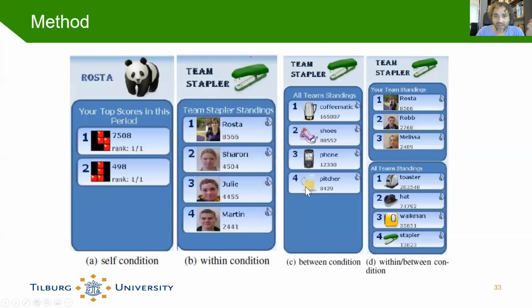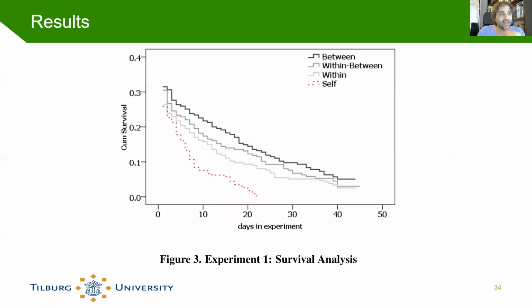In the other paper, they did this by means of a Tetris game, and you either play the game as an individual, or as a group against other groups, or as both an individual and part of a group. And there you also find that the between condition, which means identity-based, works best, but they all work better than the control group.